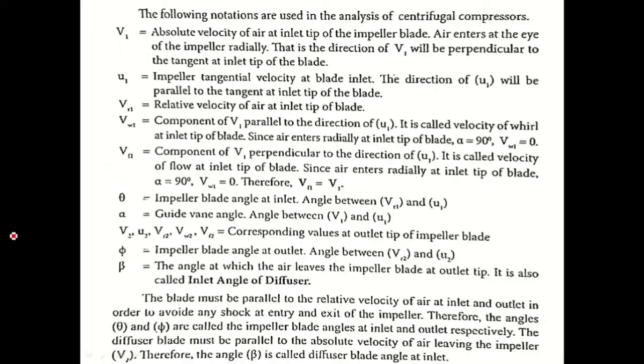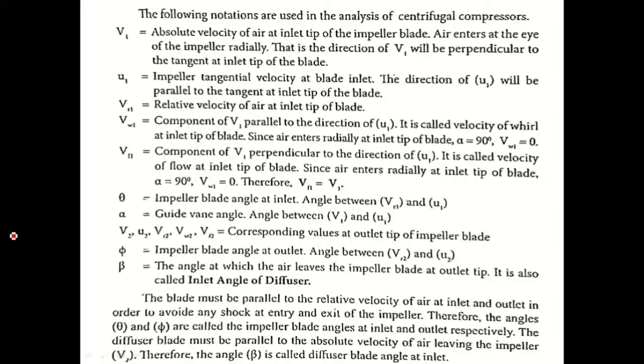Since the absolute velocity is parallel to the axis of rotation, alpha is 90 degrees, so Vw1 is equal to 0 here. Vf1 is the component of absolute velocity at inlet perpendicular to the direction of U1. It is called the velocity of flow at inlet tip of blade.